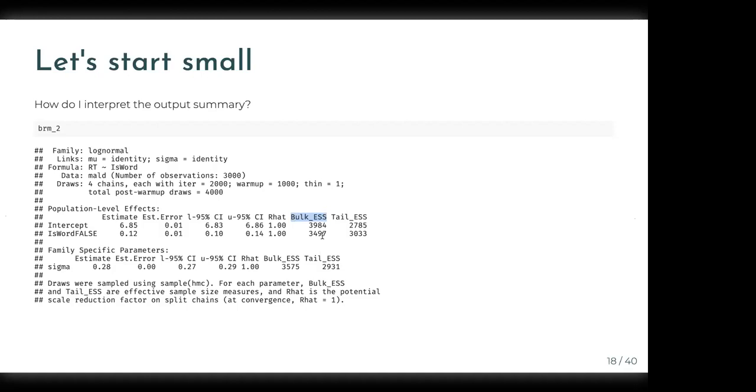There are other parameters, I'm not going to discuss them, but there are other parameters that you can also fiddle with if you have convergence issues. But generally the documentation is quite well written in that sense. So basically just start with 2000, which is the default, and if you need more, you just add more. This is about the computation, not about the stats, if it makes sense, hopefully.